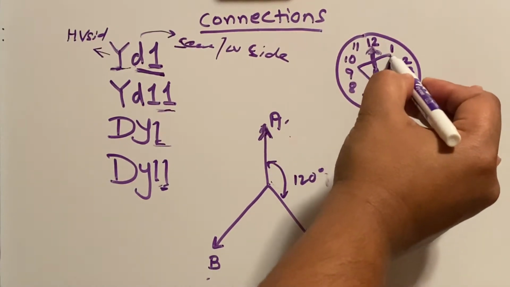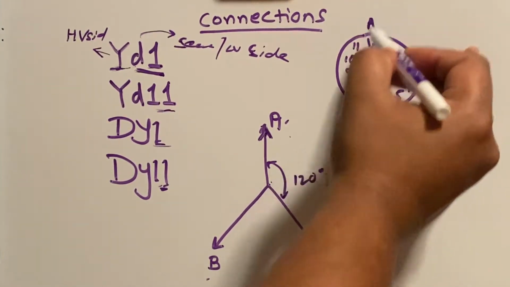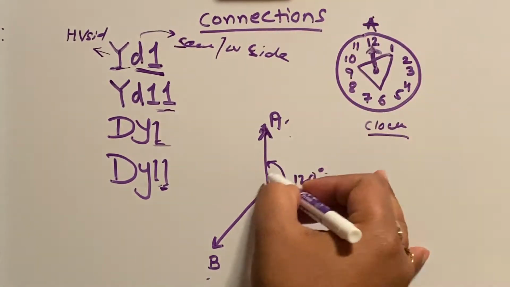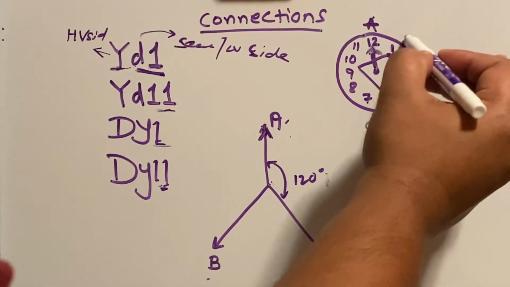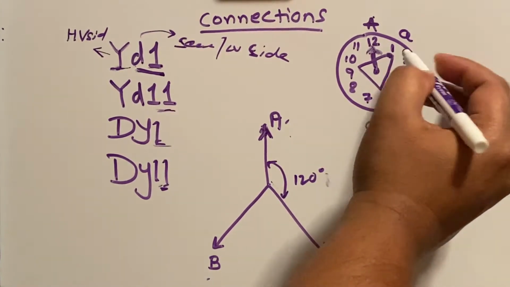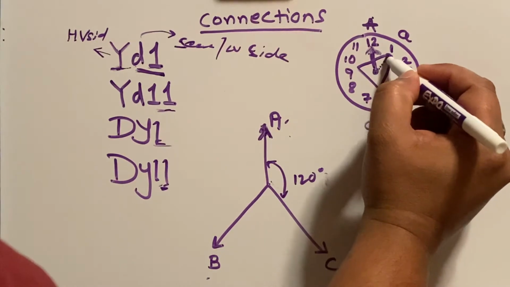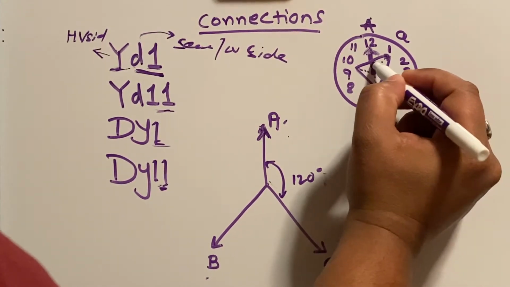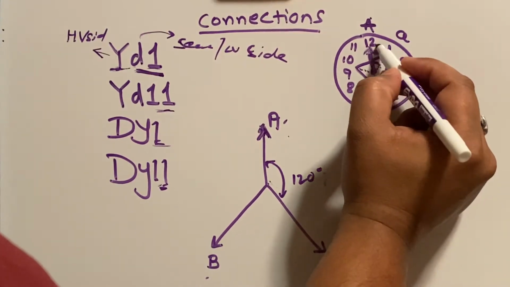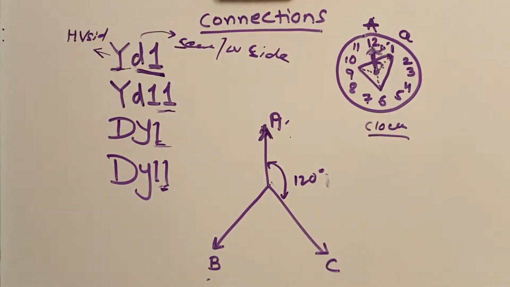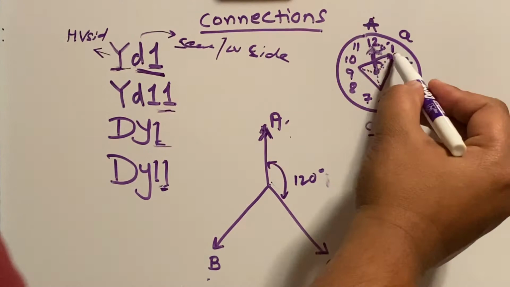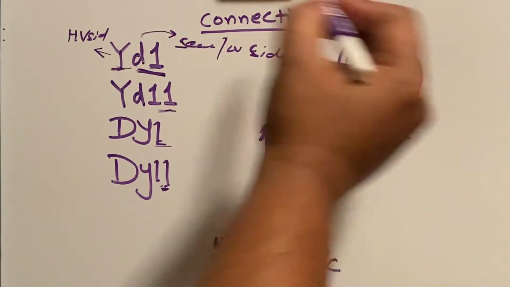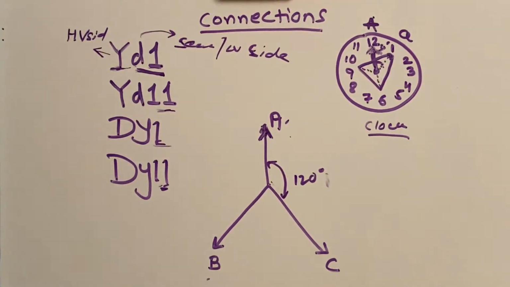So if that is the reference point A here, the secondary A point should go here. If you draw the lines meeting at the center point, you will see there is a 30-degree angle between the two points, which says that delta is lagging the star in YD1.